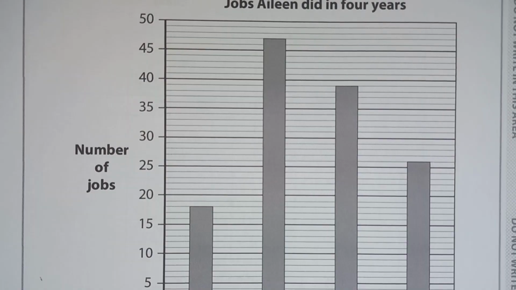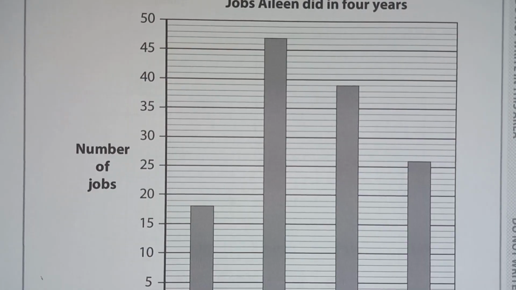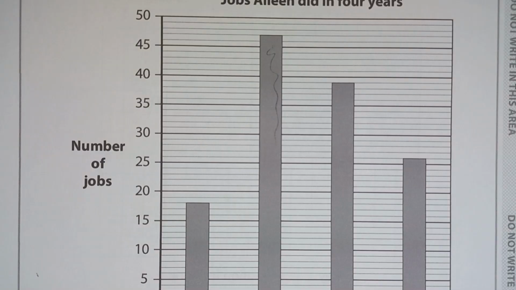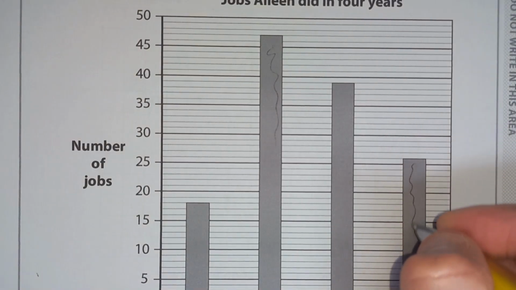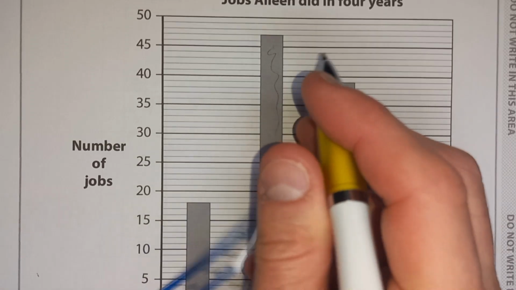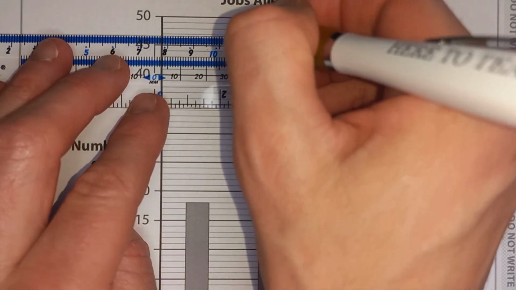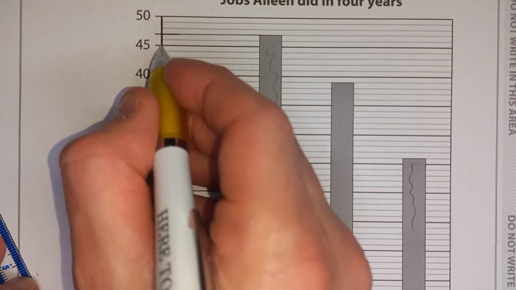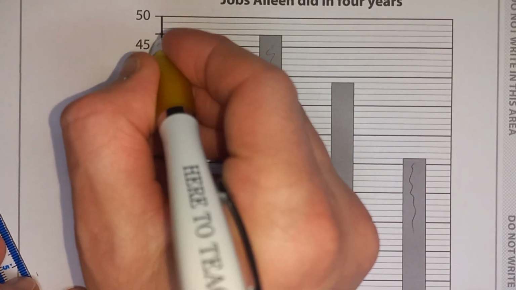So we need to work out how many jobs did she do in 2019. So that's this bar here. And 2021, which is this bar here. So 2019, I'm going to use my ruler to come across here. So we want to know what number this is. Well, if this is 45, this would be 46.